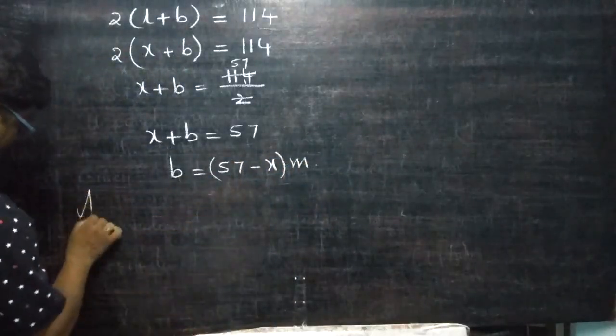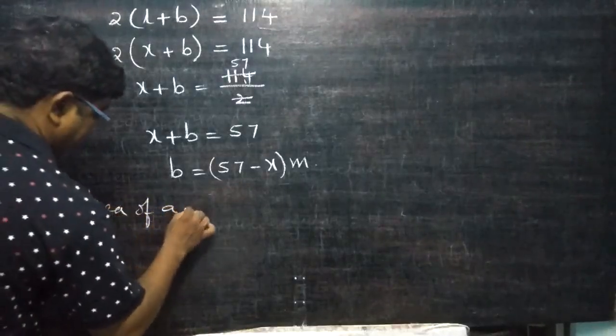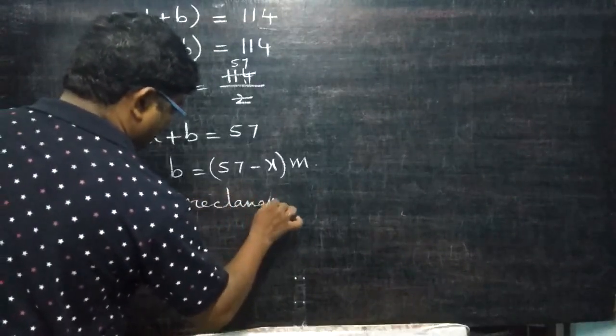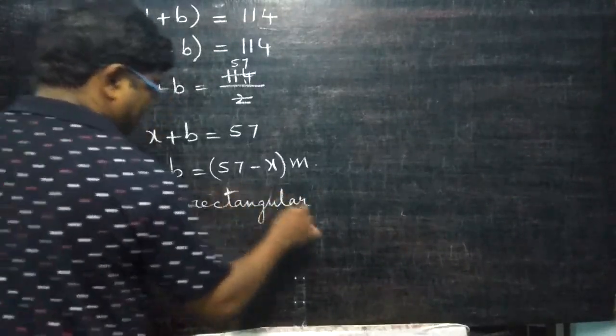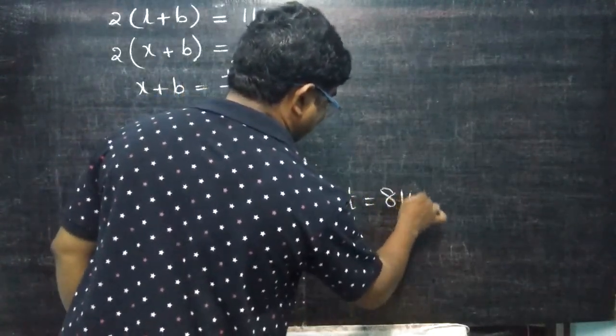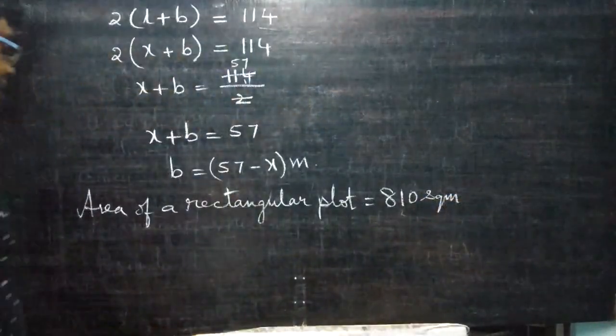Now they have given area of a rectangular plot. How much they give? Area of a rectangular plot they have given as 810 square meters, or meters square, both mean same only.